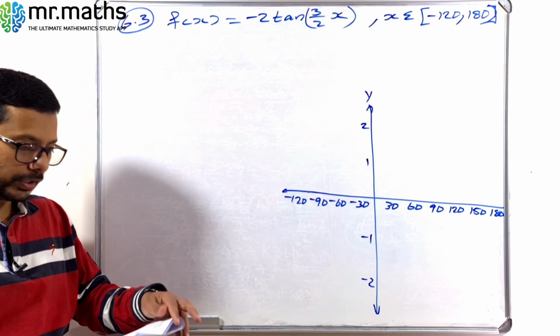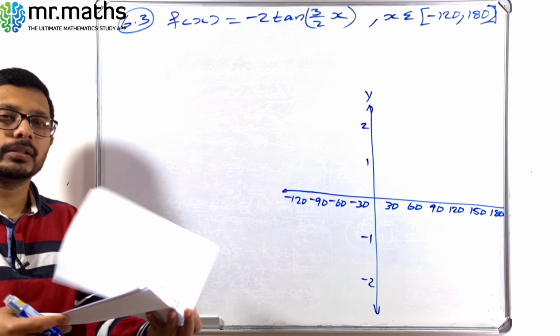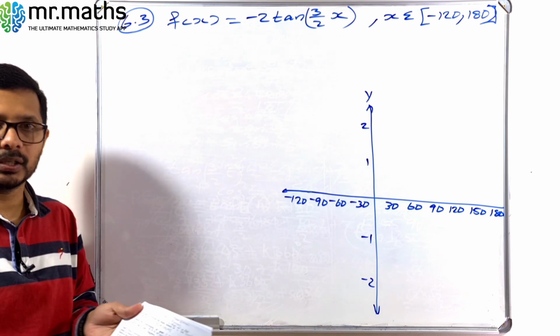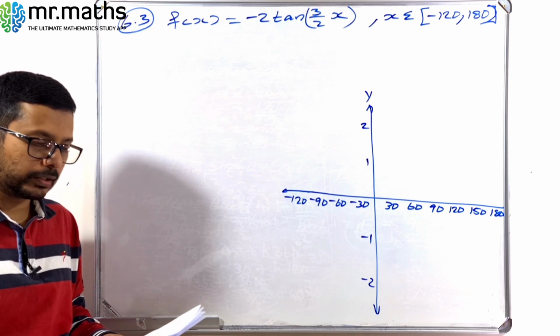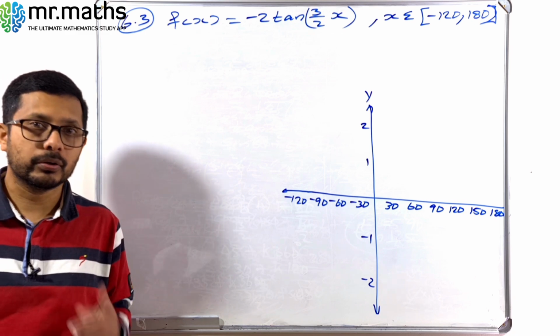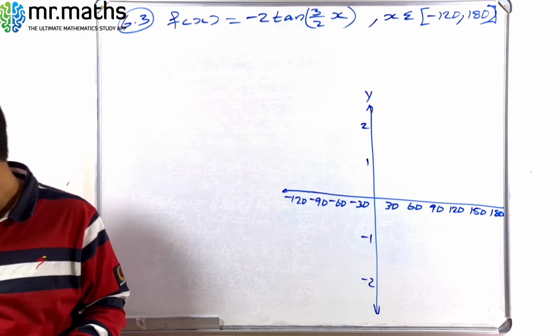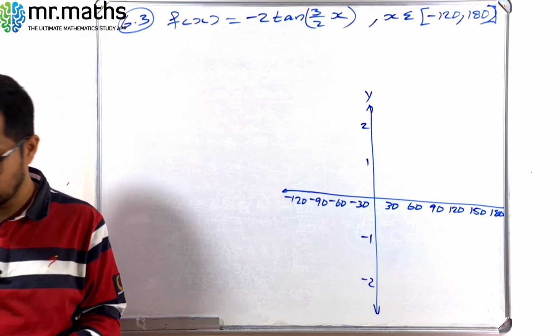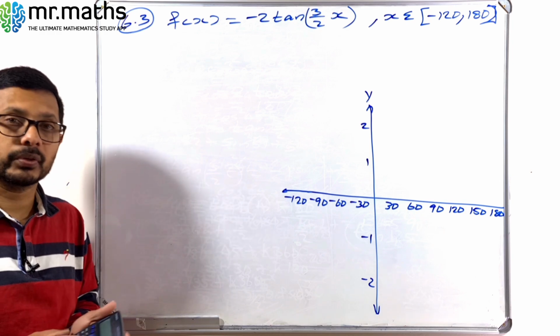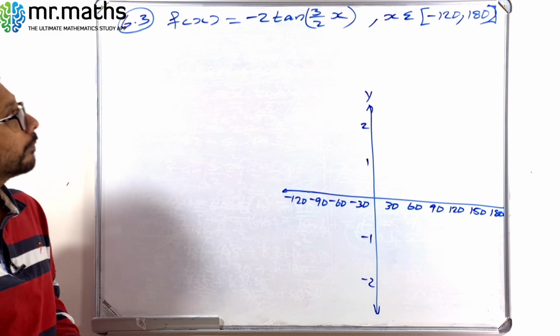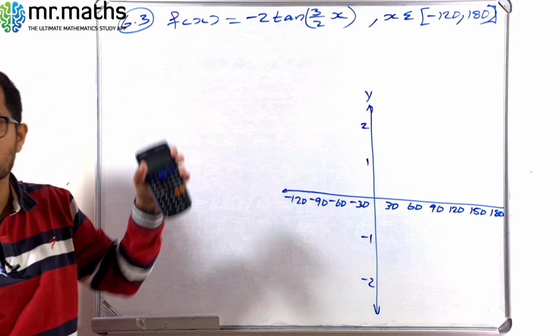So how can you draw this graph, guys? It's better to draw using the calculator. Try to find the points in the calculator. Do you know how to find the points on the calculator? You must study this, because if there is a question to draw the graph, you can easily draw it. First you have to type this equation in your calculator.